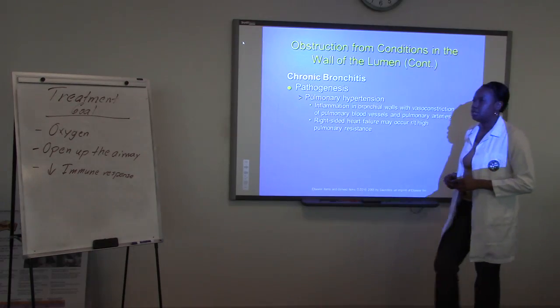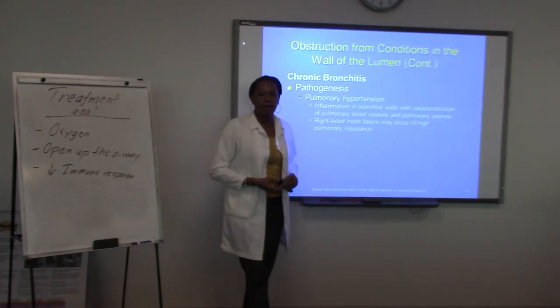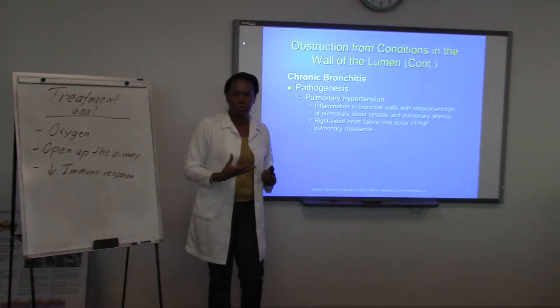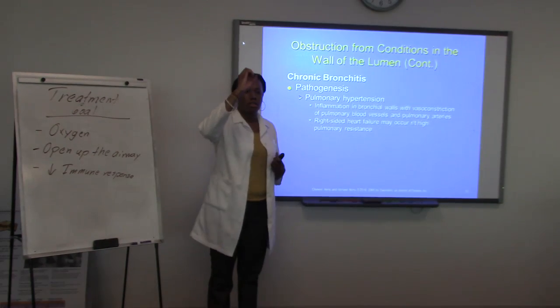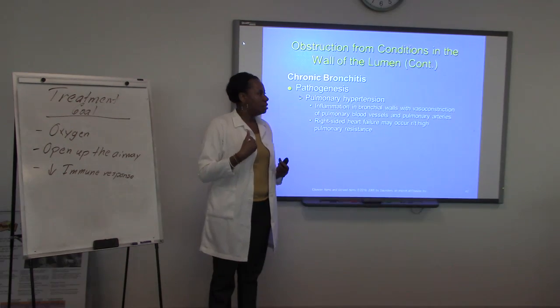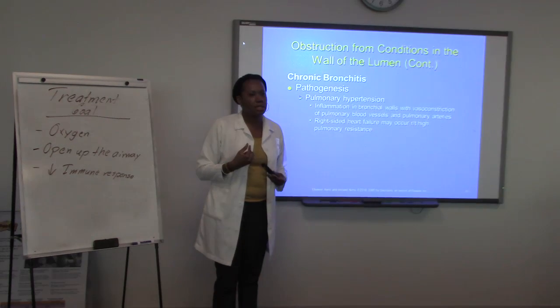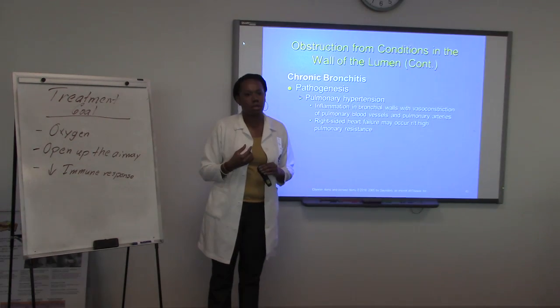Pulmonary hypertension, so just imagine pulmonary hypertension meaning that we have excess blood, pressurized blood, constricted vessel in the pulmonary circuit. Do you think this is going to affect the heart? Yes. And what side of the heart is going to be affected?